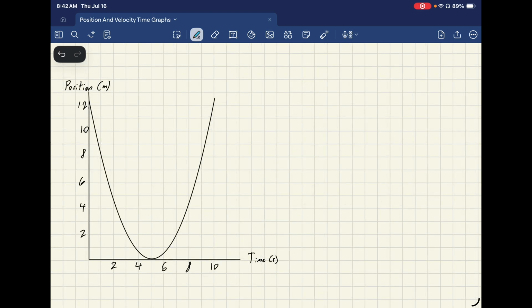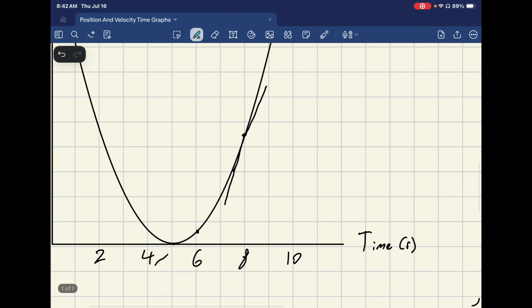Let's return to our initial position time graph. You can see now that at every point along the graph, there's a different slope. So let's say we take this point right here. Slope is going to be like that, and it's pretty steep there. But if we take this point instead, the slope is a little less steep.